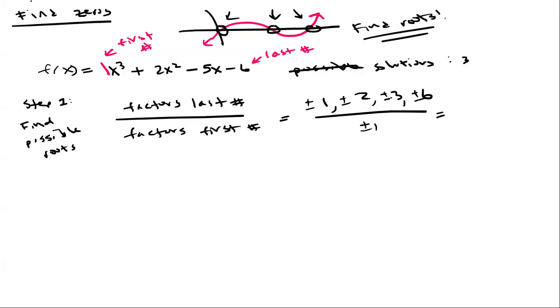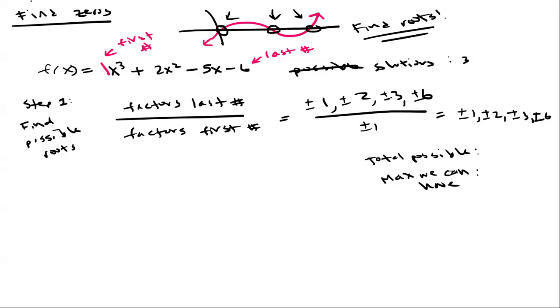If we were to divide this, then our output is technically just going to be the top here for this particular example. So in this case, it'll be plus or minus 1, plus or minus 2, plus or minus 3, plus or minus 6. Okay, so if we were to divide that, this is the output. So in this case, let's look at our total possible roots versus the max we can have.